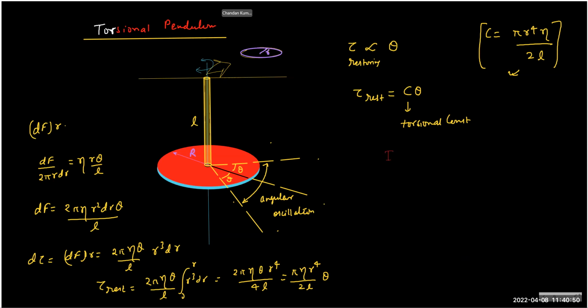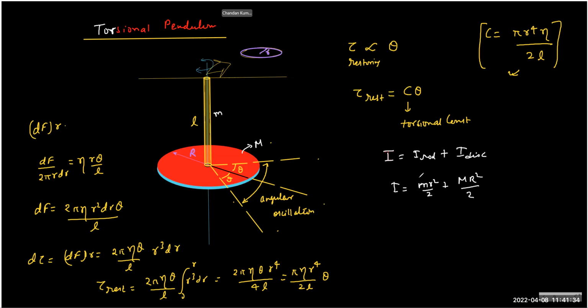So I will be I rod plus I disc, but I rod will be tending to zero because it is a thin rod. In fact, if you treat the rod as a thin cylinder, it is almost negligible mass. If I say its mass is m and the disc's mass is capital M, just to distinguish, the general way of writing will be m r square by 2, which is the thin cylinder formula, plus capital M capital R square by 2.